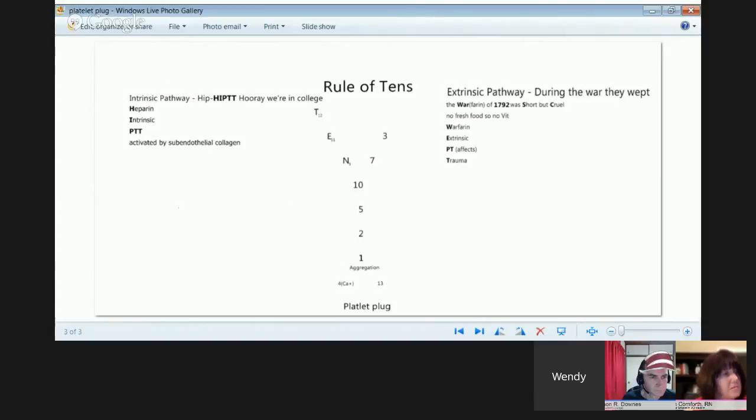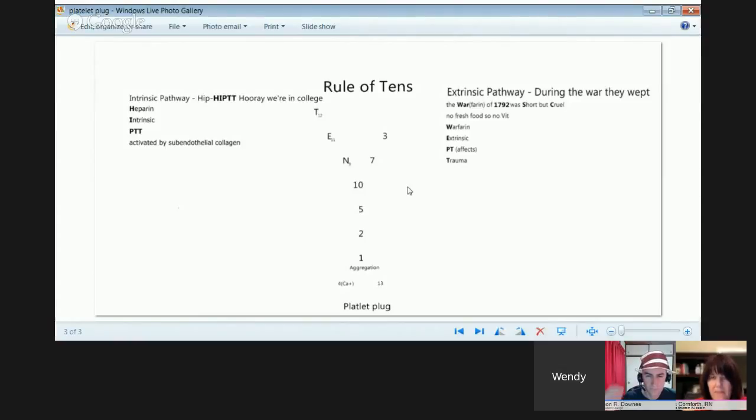Okay. The other thing that you need to know is that these factors work towards clot formation, right? Then you have a couple of things that work against clot formation. So you have to have this balance, right?